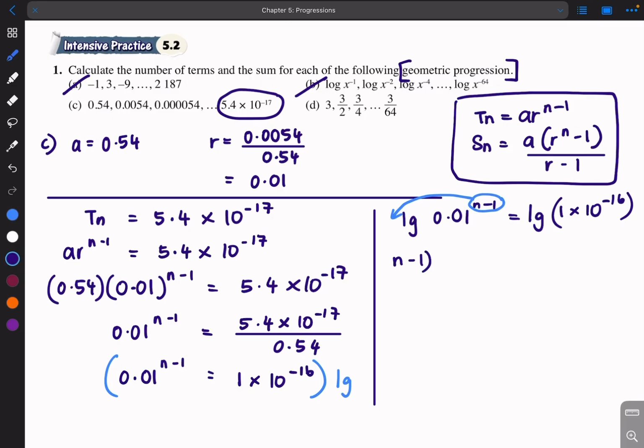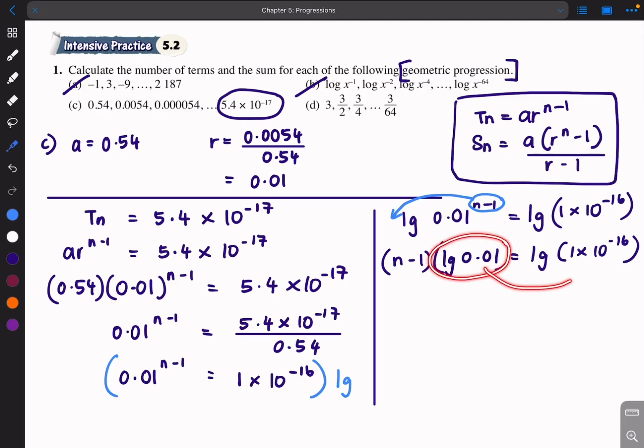So this will be (n minus 1) log 0.01 equals log of this. Then this log 0.01, we bring it over here, it will become divide. So n minus 1 is log of this divided by log 0.01.